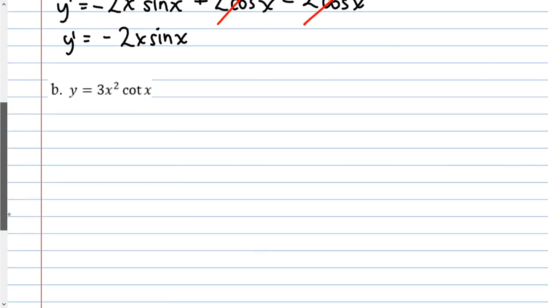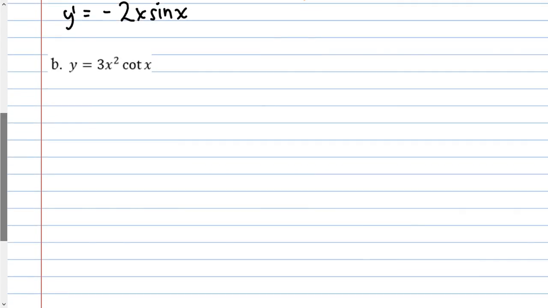Example B, it's 3x squared. That's one function, and then cotangent x is another. So it's just u times v. So u prime is 6x. V prime is, okay, so you might have to look at the top of your page.